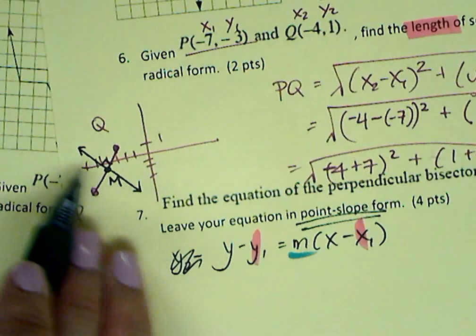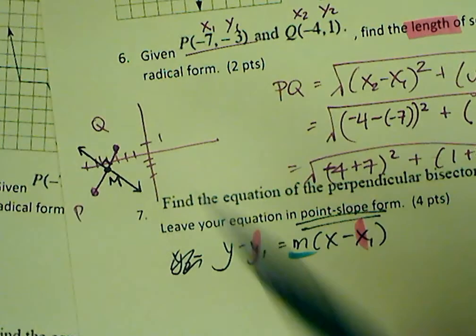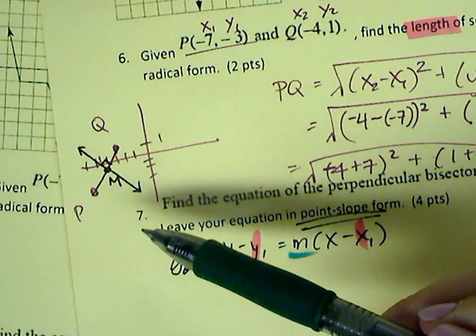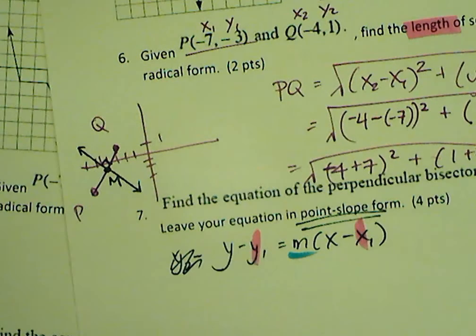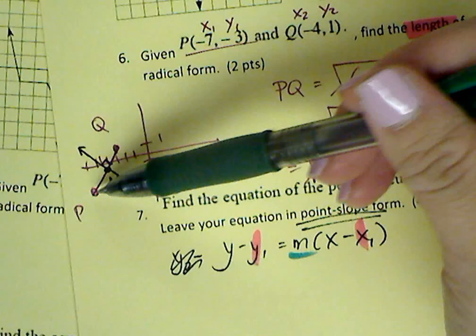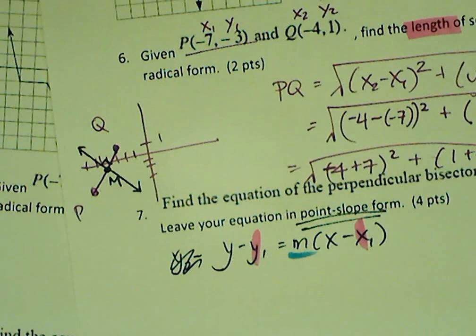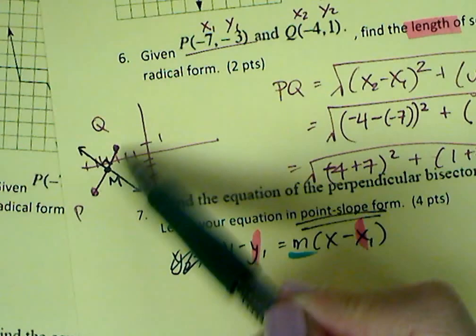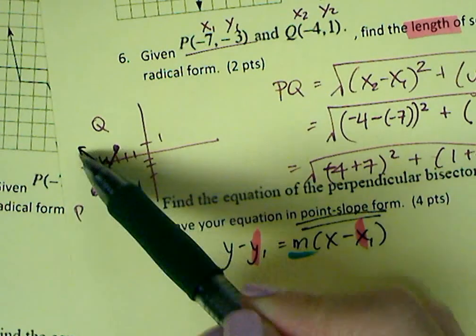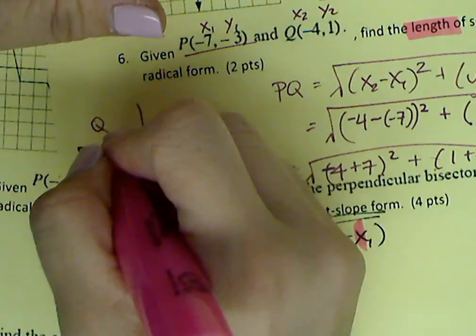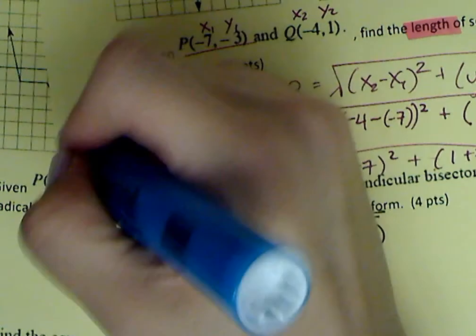Give me a sec. Are we looking for the equation of the blue line or the pink line? The perpendicular bisector of PQ is the blue one. So I have to use a point on the blue one. What point could I know? The midpoint.